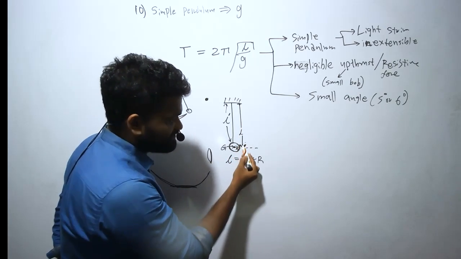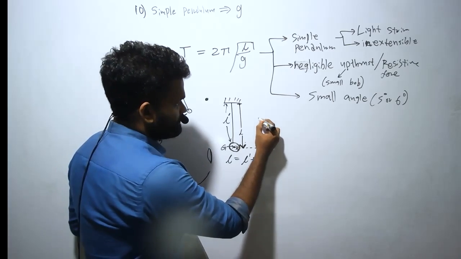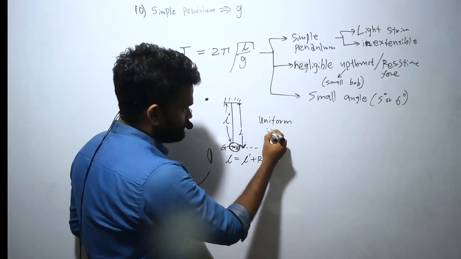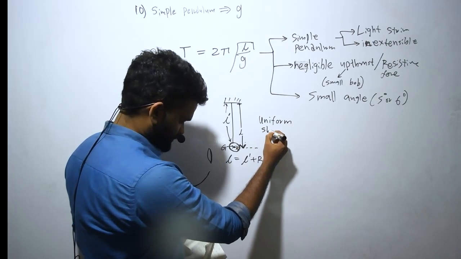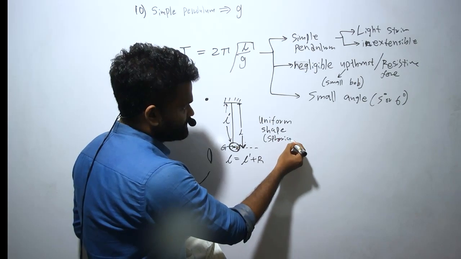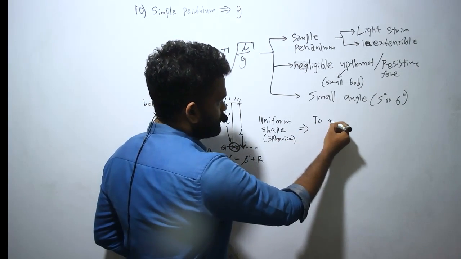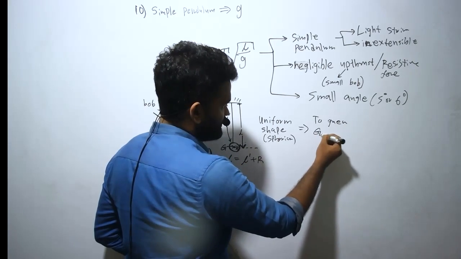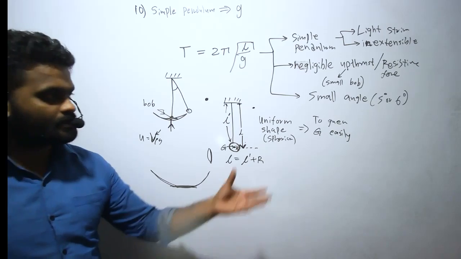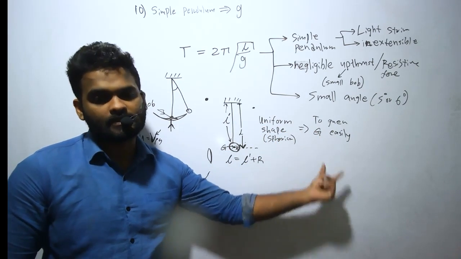So you can easily measure this length. So write this fact as well. Write down in front of this uniform shape: here we choose a spherical bob. What's the reason? To find the center of gravity easily.